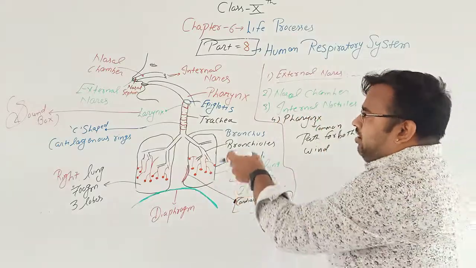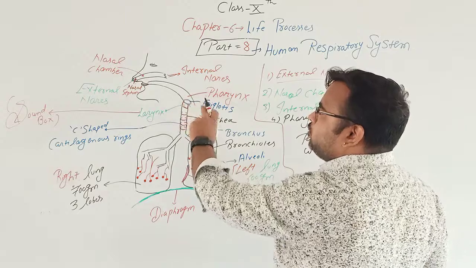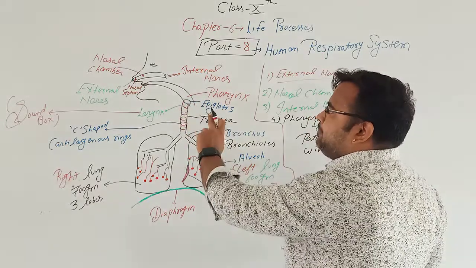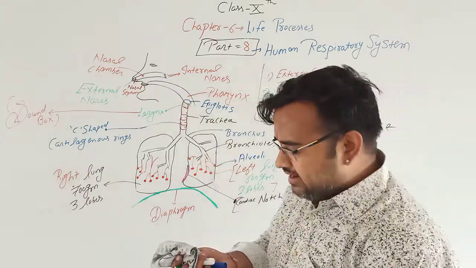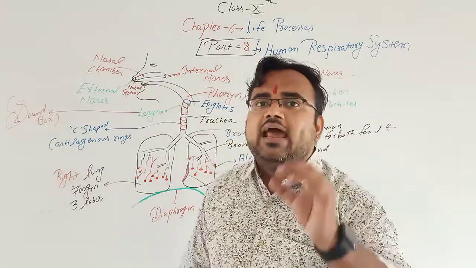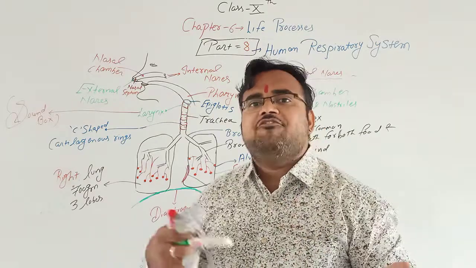Then after the pharynx, the small structure which is common for both esophagus and trachea is known as the epiglottis. The epiglottis is common for both food pipe and wind pipe.